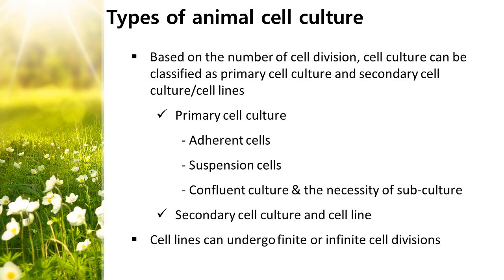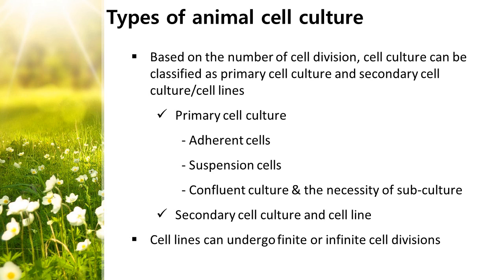Next come the different types of animal cell culture. We can categorize animal cell culture based on two criteria. The first one is based on the number of cell divisions. Based on the number of cell divisions, animal cell culture is categorized into two types: primary cell culture and secondary cell culture.